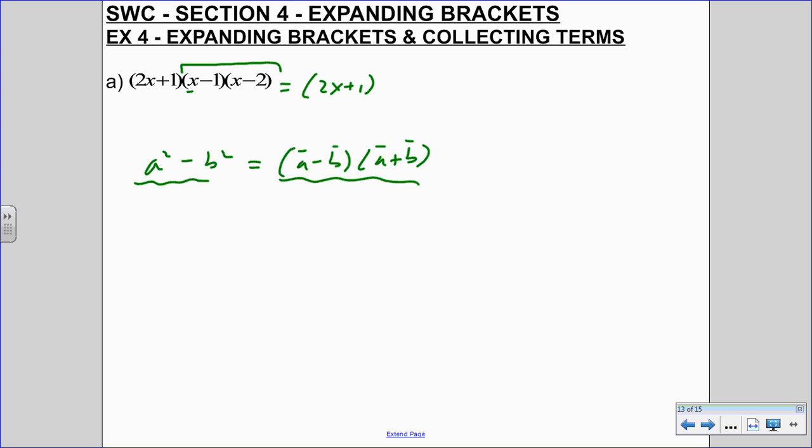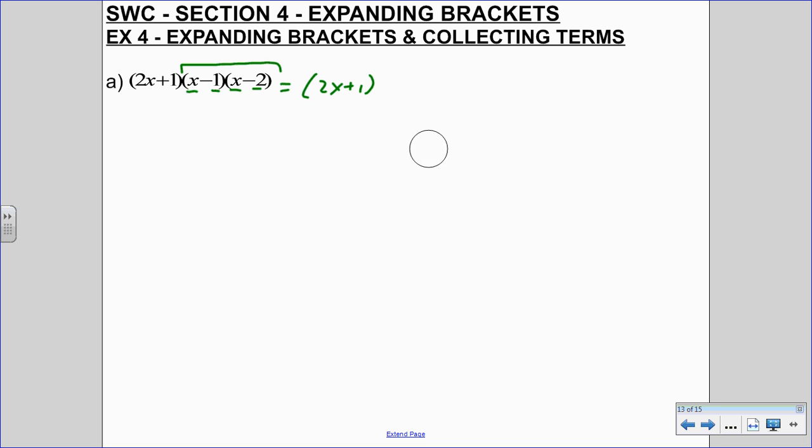If you've got x's in both and numbers in both, and it's not a plus b, a minus b, you're going to get a 3-term quadratic. Remember, x times x is x squared, so you're going to get a 3-term expression in this form, ax squared plus bx plus c. So I'm expecting 3 terms to come out here, okay?